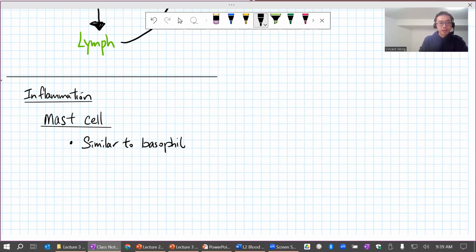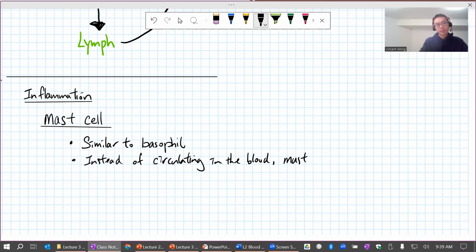Instead of circulating in the blood, mast cells are anchored to tissue. Okay, so they're not moving around. They are like stuck in one place.